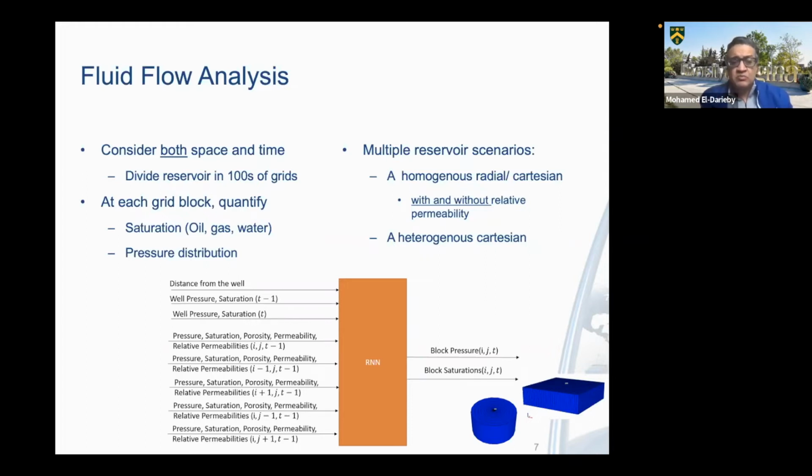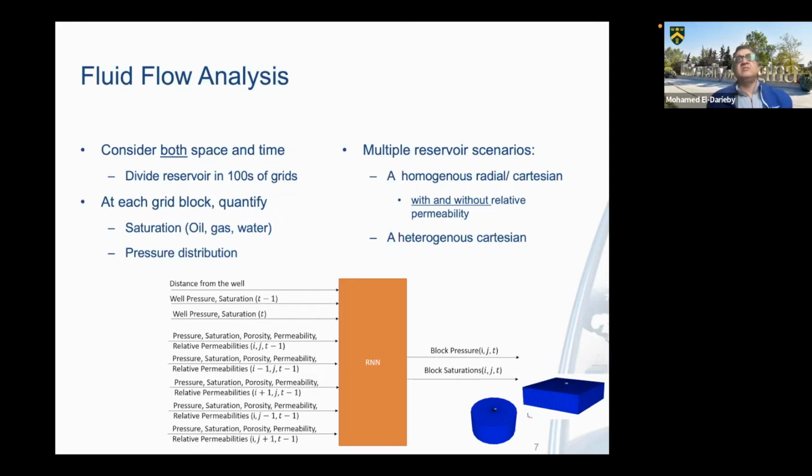The inputs are basically the saturation and pressure of different grid blocks at a particular minute in time, and the prediction would be the pressure and saturation at the next minute in time. The inputs would also include the saturation and pressure of the adjacent grid blocks to the one we're calculating for.